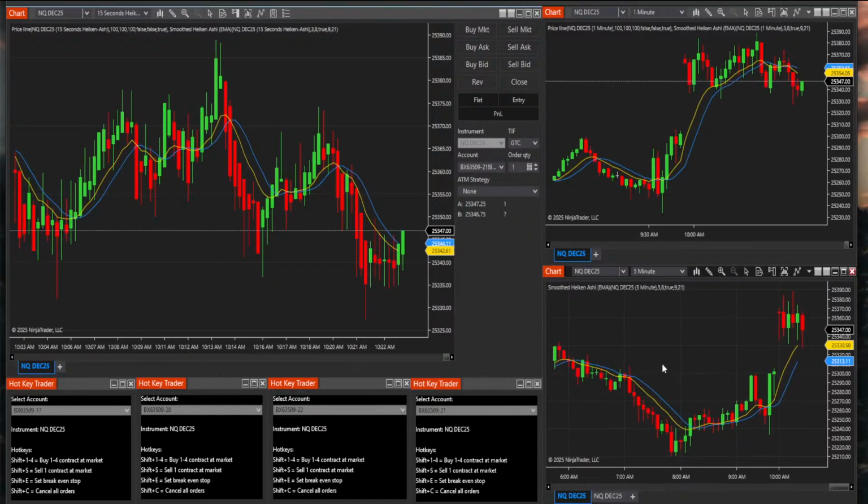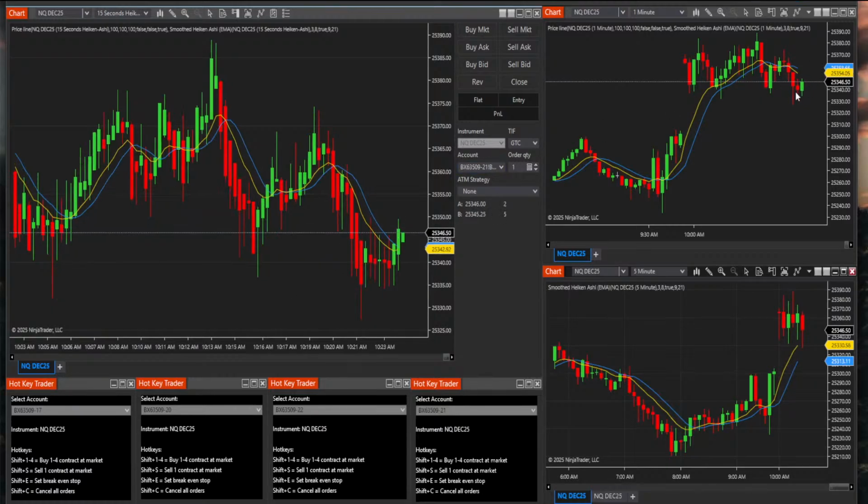It happened when I got off the Heiken-Ashi. As you can see here, I wouldn't take this long. For one, we're kind of moving down. We're on the 1 minute, we're below the smooth lines, and on the 5 minute, we're above.